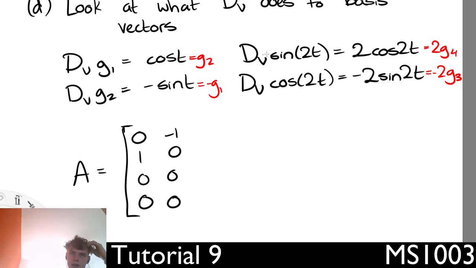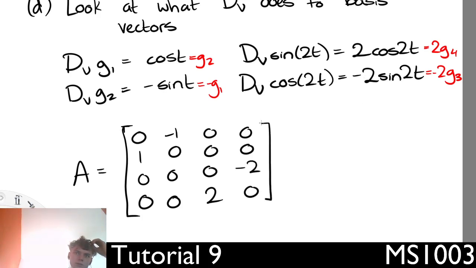The third column should be given by 2 g4, so I get (0, 0, 0, 2). And finally, the fourth column is going to give me (0, 0, -2, 0). Okay? And this is your matrix. It's done differentiation for you in this particular vector space.